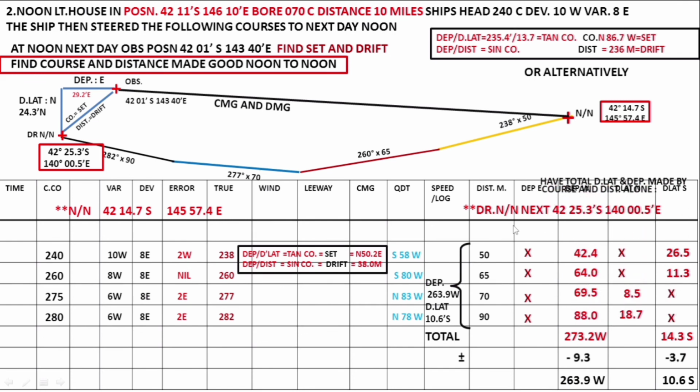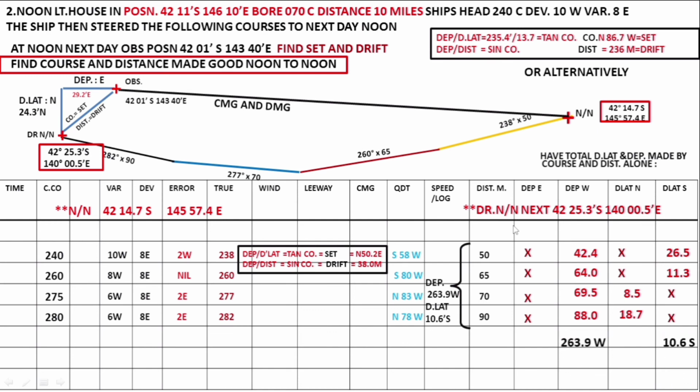Then we have to get the DLAT and departure what we have done along this course, because this also has been done by the ship. So not physically, but with the current you have been pushed.